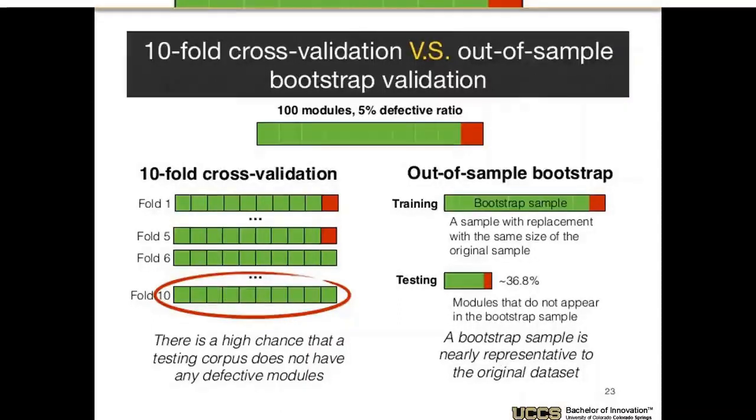Whereas if I do out-of-sample bootstrapping, it's most likely that every time I do training and testing, I will see those defects. And that's either good or bad. Because if the 5% is my labeling error in data, out-of-sample bootstrapping will make sure that almost every test will see those errors. With cross-validation, it's less likely that they will see it because you don't reuse those labels every time. So there's a nice trade-off in there.